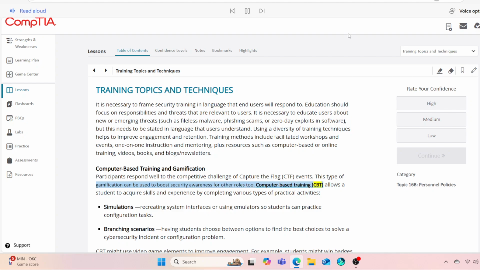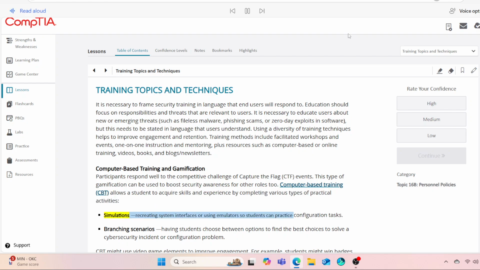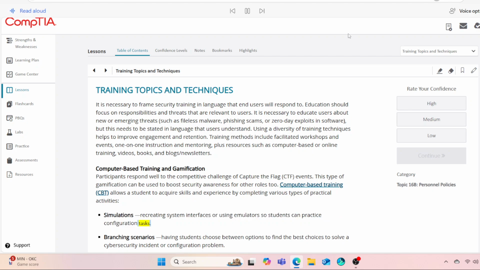Computer-based training, CBT, allows a student to acquire skills and experience by completing various types of practical activities. Simulations, recreating system interfaces, or using emulators so students can practice configuration tasks. Branching scenarios, having students choose between options to find the best choices to solve a cybersecurity incident or configuration problem.